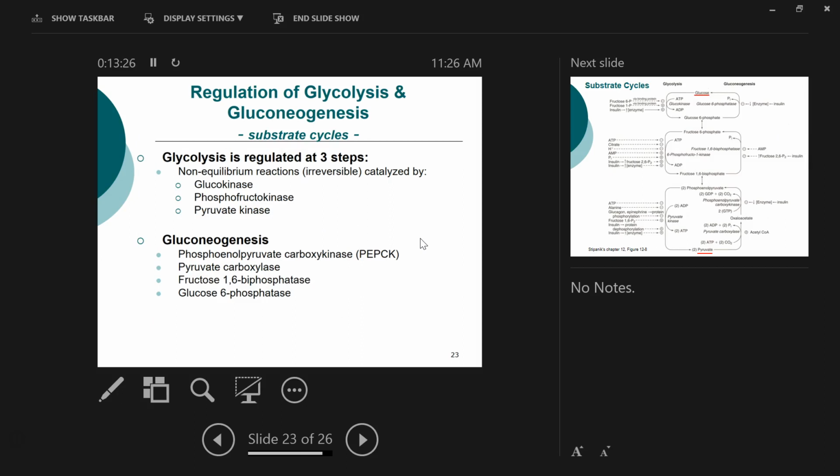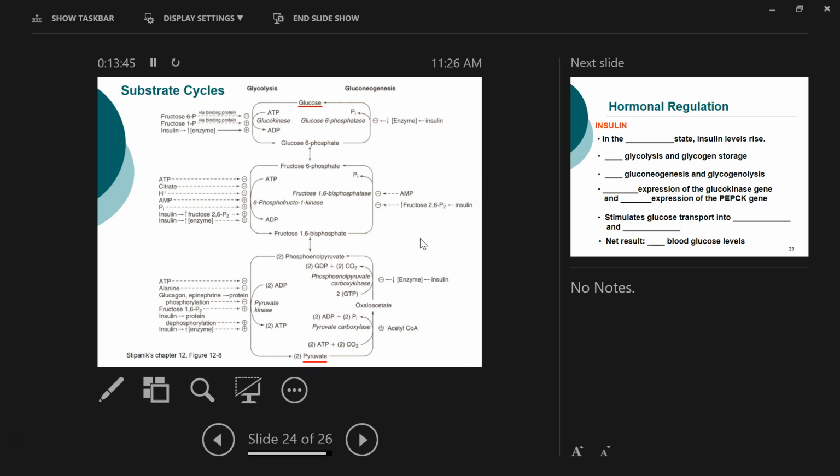And glycolysis and gluconeogenesis, these are the 2 metabolic pathways that do opposite functions, right? One oxidizes glucose, and the other one synthesizes, generates glucose. So how these two pathways are coordinately regulated means that under a certain physiological condition, we want one pathway to be activated and we need to inhibit the other pathway.